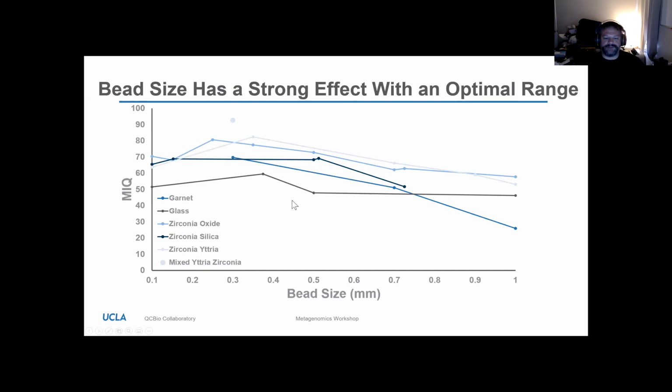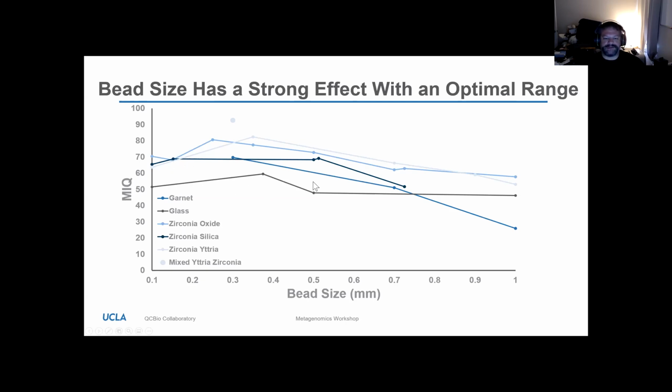So we focused on beads, and again, this is more data that we generated at Zymo. In fact, a lot of these I did the analysis for myself using the mic score system, including this one, which you can see here because the y-axis is the mic score for accuracy. On the x-axis, we have different bead sizes, and what we see here is very different performances for different types of beads.